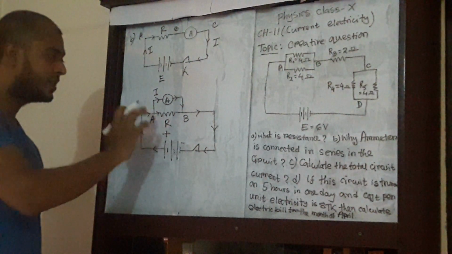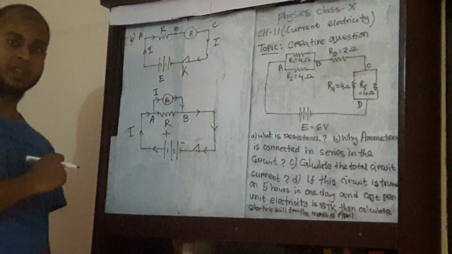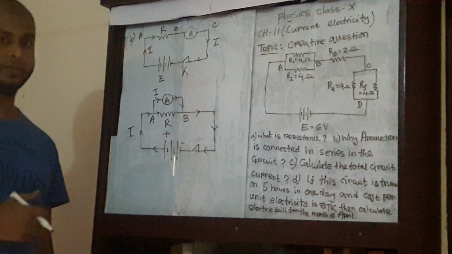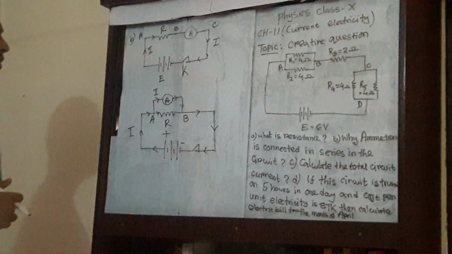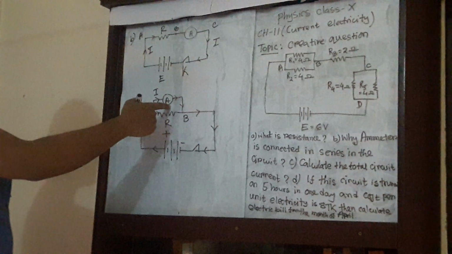I repeat, this resistance R remains turned off. That's why this arrangement is not applicable for practical purposes. So an ammeter cannot be connected in parallel connection with any resistance.